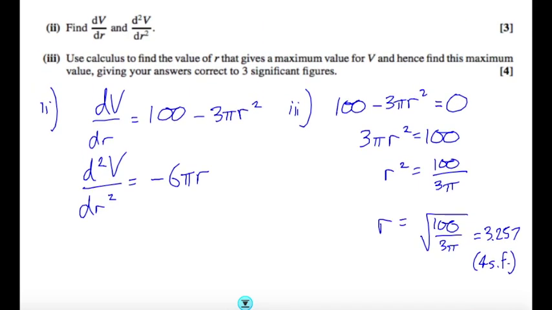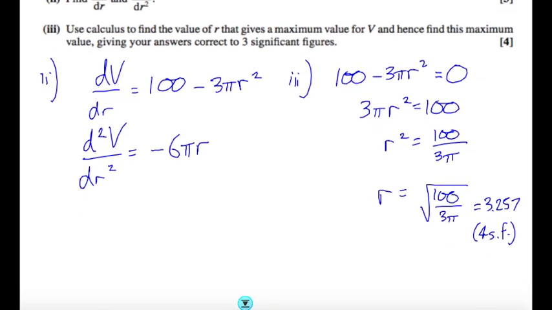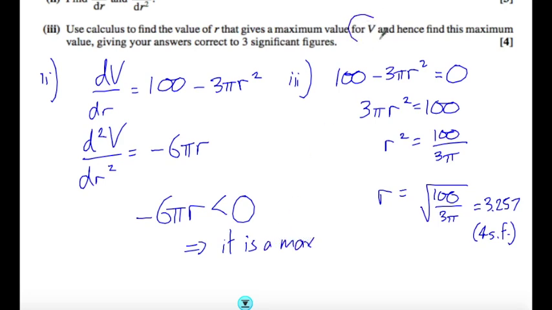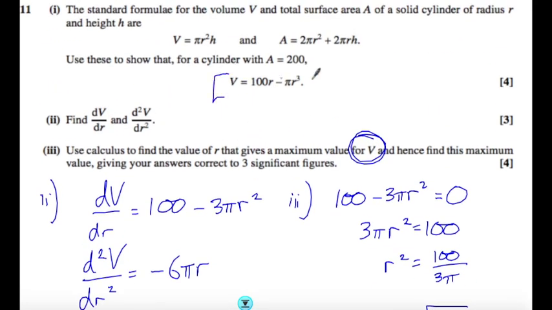So, and then to show it to maximum value, we might want to sub it into here. So if we did minus 6 pi r, because r is positive, or you could even work out the exact value, that has to be less than 0, because it's minus 3 positive things times together. So therefore it is a maximum. But they actually want the maximum value for V. So we're going to have to take that number and sub it into this formula.